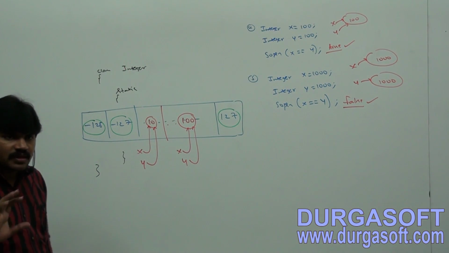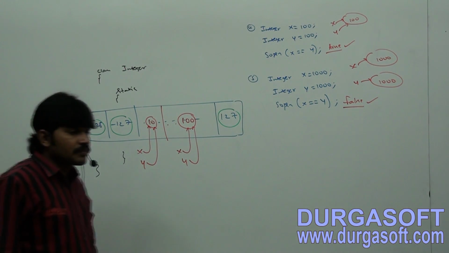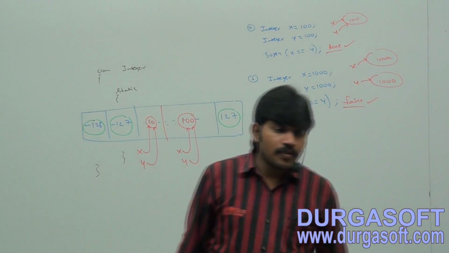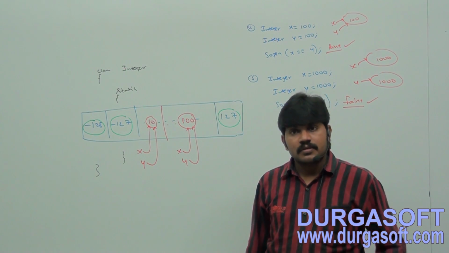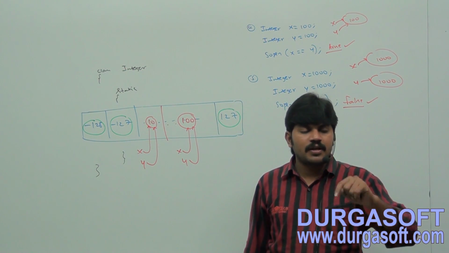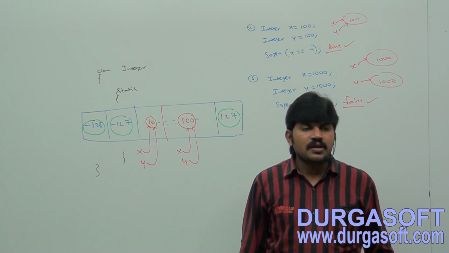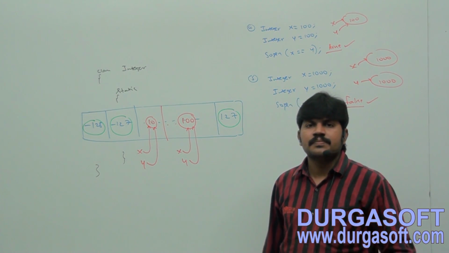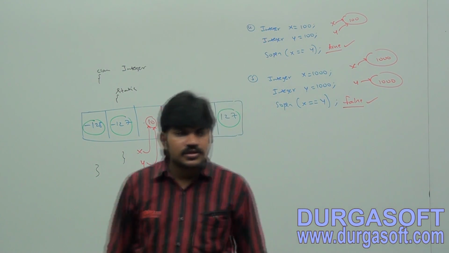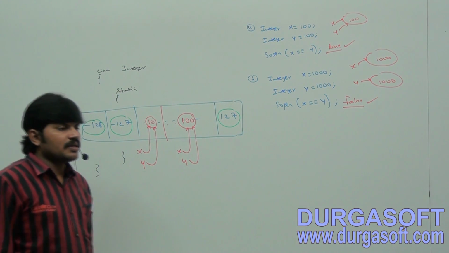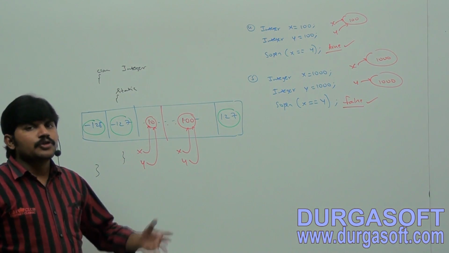Next, if it is not already available in the buffer, then the JVM will create a new object.